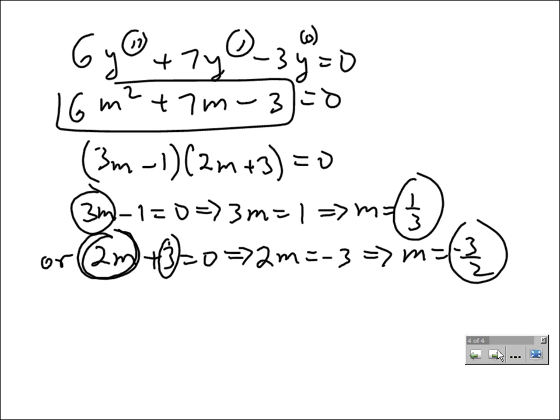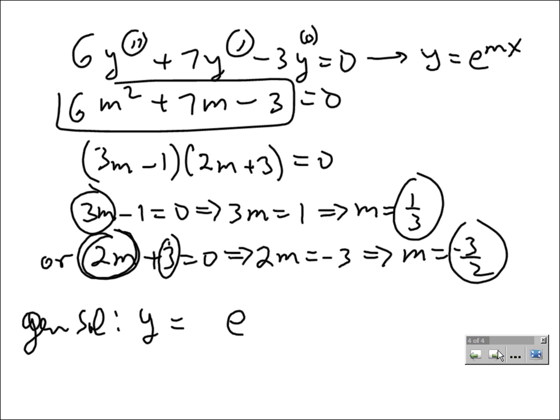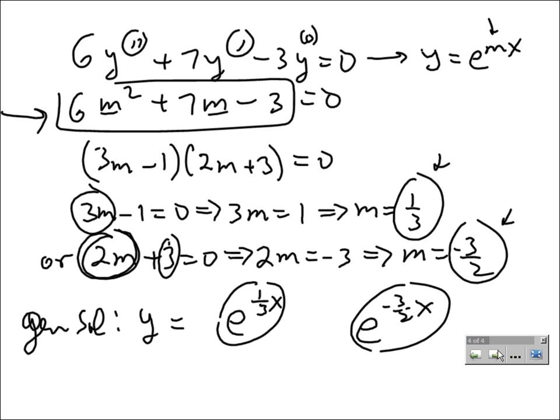That's case 1. So the general solution: remember, we're saying that a solution to this is y equal to e to the mx. That's how we're getting this equation. These m's are that m. So it's e to the 1/3 x, that's one solution, and e to the negative 3/2 x, that's another solution. And they're not multiples of one another. You can't multiply this by 7 and get that.